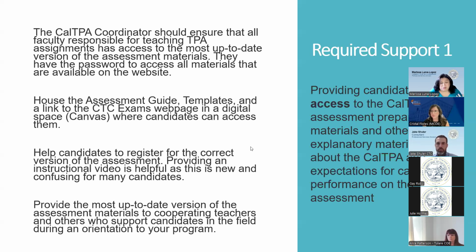Or what is seen, unfortunately, is someone registers for CalTPA 1, multiple subjects in math, and then they do a literacy activity, or register for literacy and do a math activity. And so those will be unscorable, and the candidate would have to then re-register. So checking to make sure that the candidates know what to register for is always helpful.